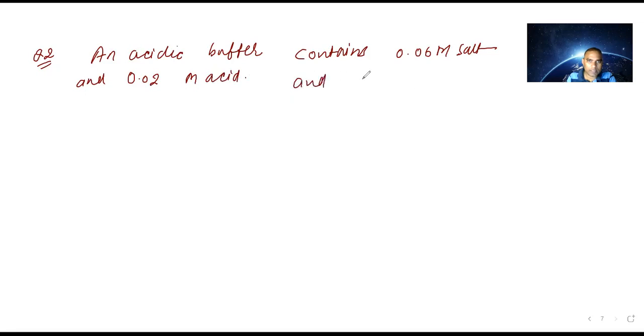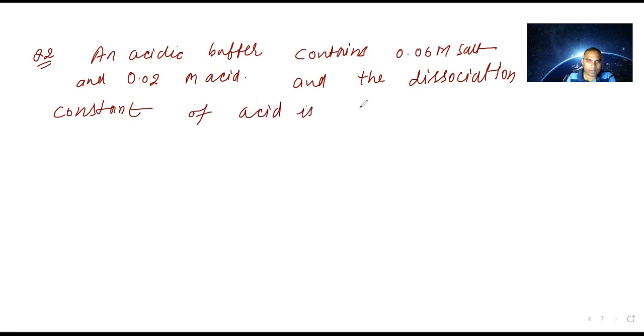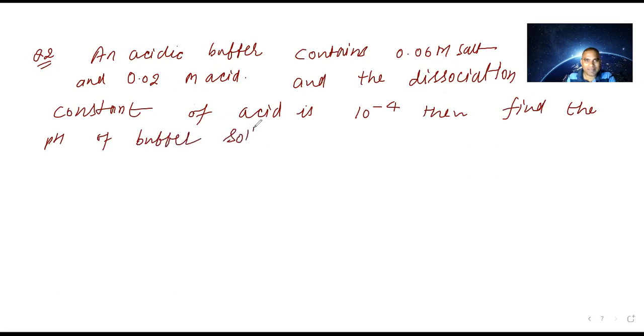and the dissociation constant of the acid is 10 power minus 4. Then find the pH of the buffer solution. Now solve it.